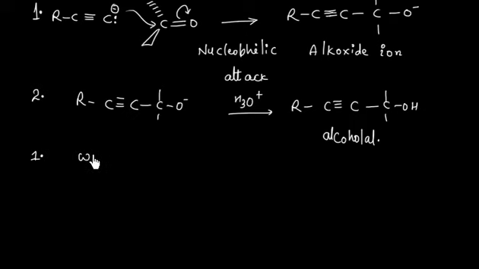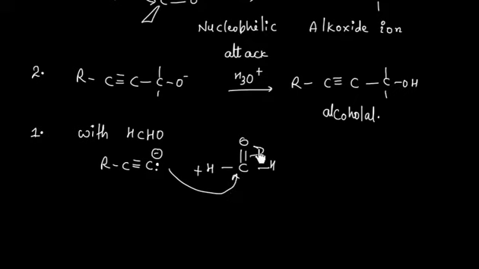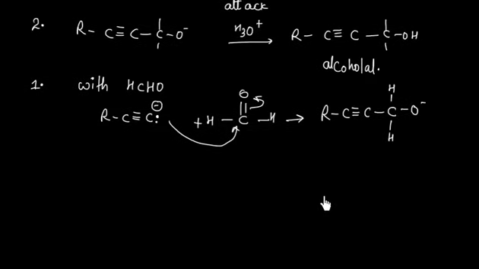First is with formaldehyde, HCHO. So when it reacts with formaldehyde, this will attack, this opens, so we will have R, C triple bond C, O minus.